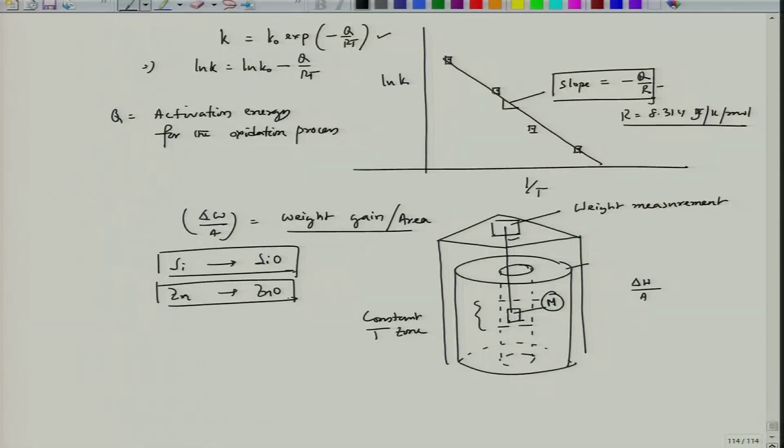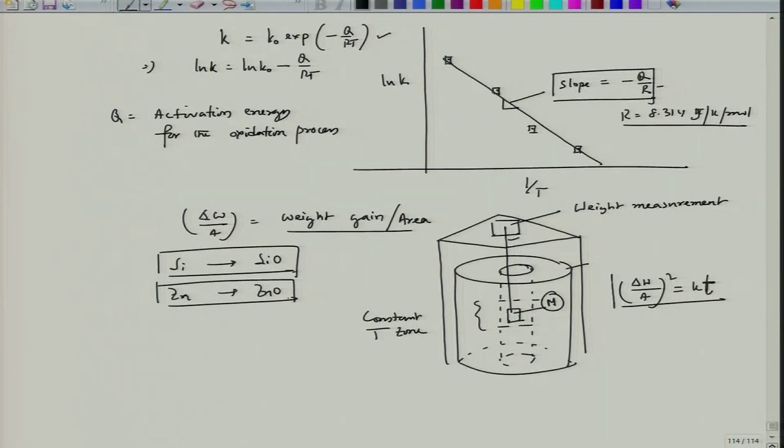In order to do that, you plot del W by A with reference to t and see whether it is linear, or you can plot del W by A squared with respect to time and see whether it becomes a straight line, because if it is parabolic, then it should be equal to kt.